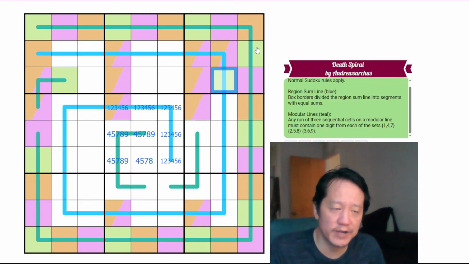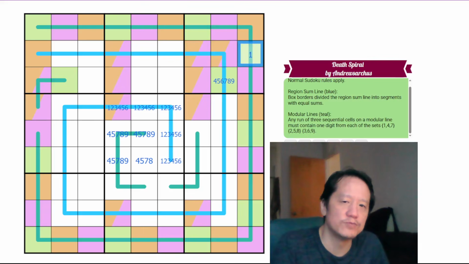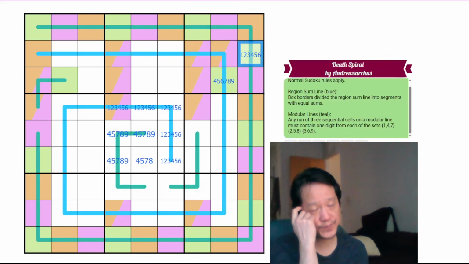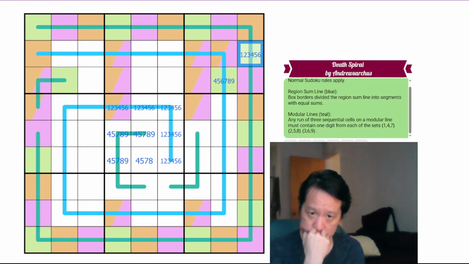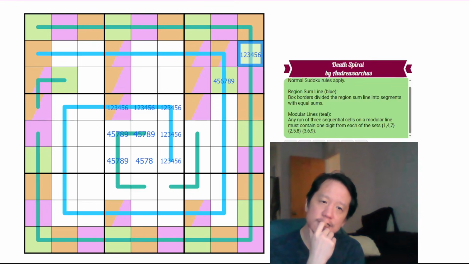And it has to be smaller by 3 at least. So this is 4 through 9 here, and this is 1 through 6 there. Interesting. Does that help? I don't know.